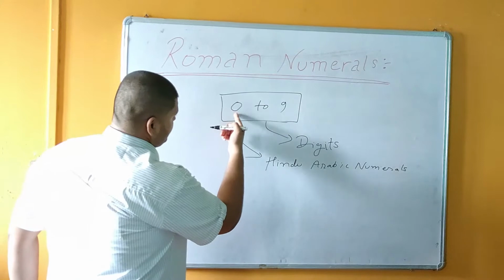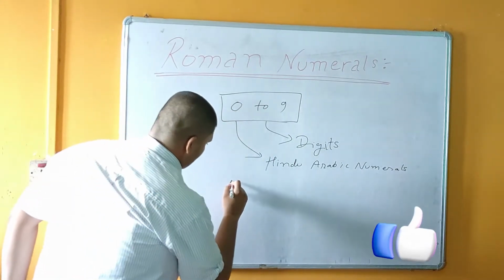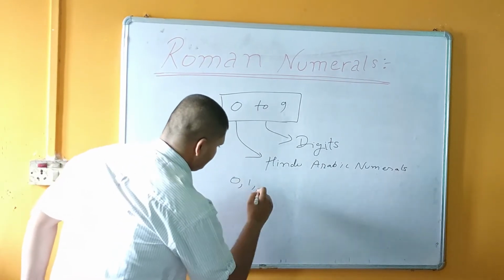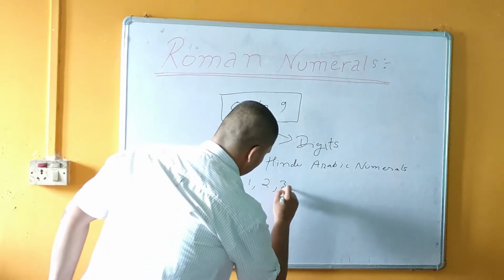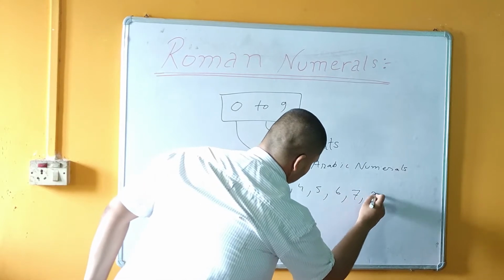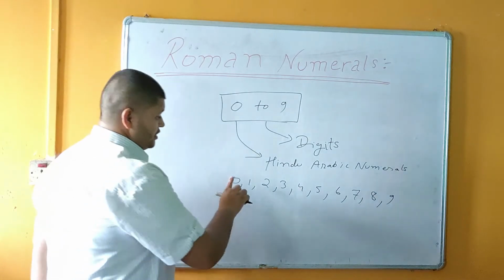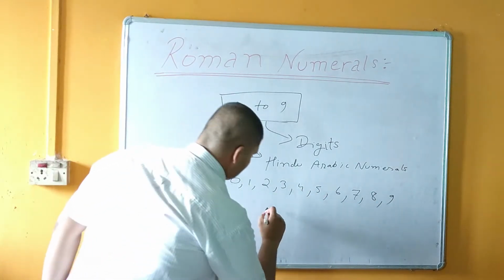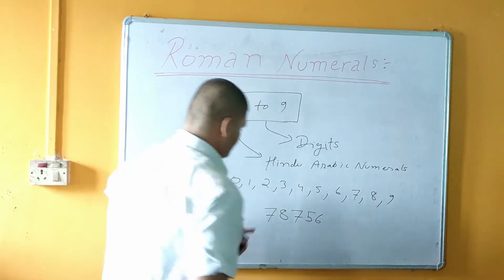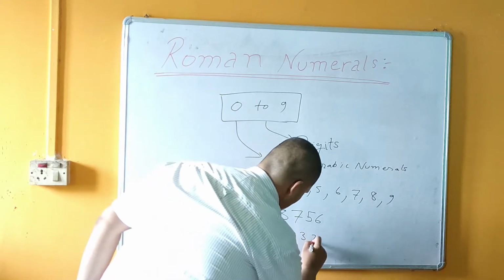So, out of the digits from 0 to 9, there are digits like 0, 1, 2, 3, 4, 5, 6, 7, 8 and 9. These are 10 digits. Using these 10 digits, we can write any number, like 78756 or 65321.